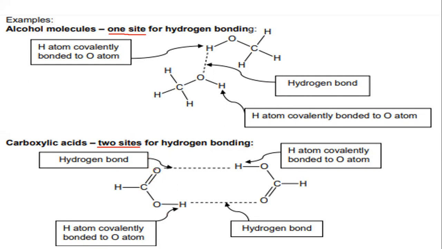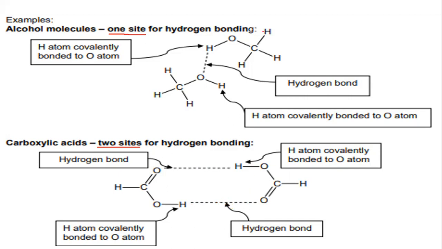Can you see, my dear learners, on this oxygen atom, there I have a hydrogen bond between that oxygen and the hydrogen. So there is a hydrogen bond. Another hydrogen bond that we have is between this oxygen as well as that hydrogen. So we have two sides for hydrogen bonding.